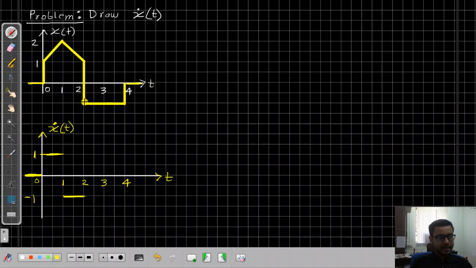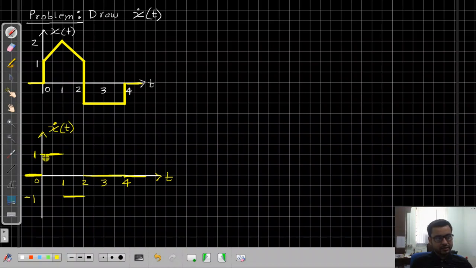Then after that from 2 to 4 the signal is constant, so the derivative will be 0. After that again the signal is constant, so the derivative will be 0.